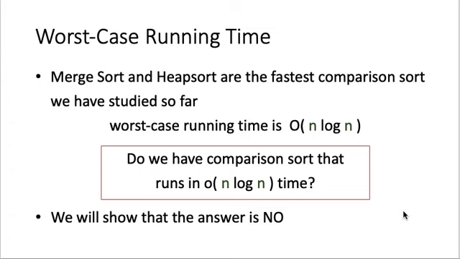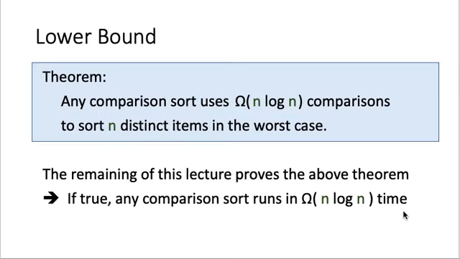In this lecture, we will show that the answer is no. In particular, this is the main theorem: any comparison sort uses at least omega n log n comparisons to sort n distinct items in the worst case. The remainder of this lecture proves this theorem.